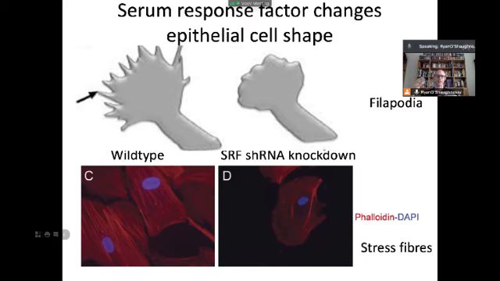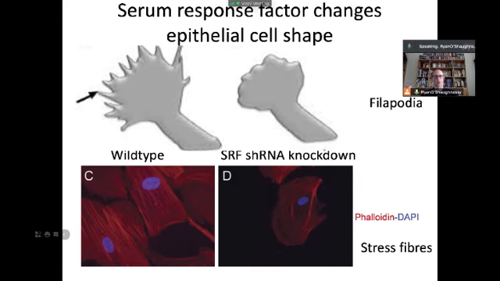And one of the reasons they're called stress fibers is that when cells are starved, serum response factor then gets activated, and one of the first effects you see in stress is the formation of these stress fibers. So that's how serum response factor was discovered, and true to its discovery, serum response factor can control the expression and localization of actin within a cell.